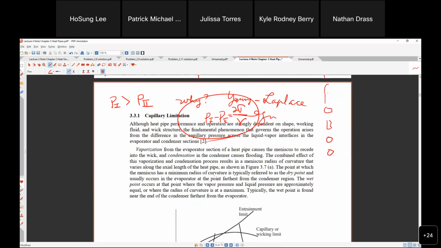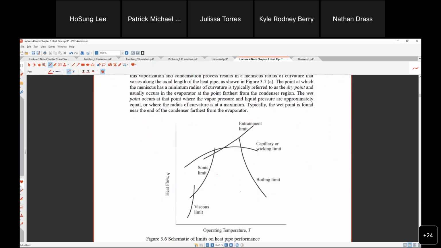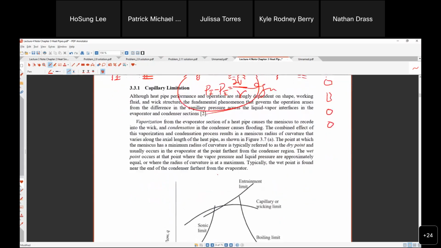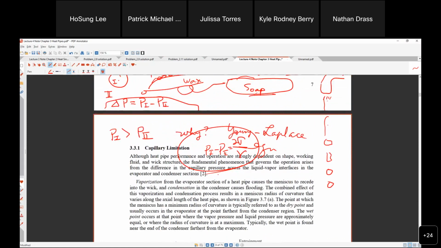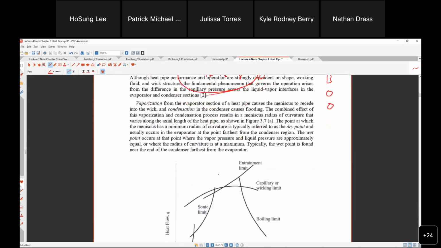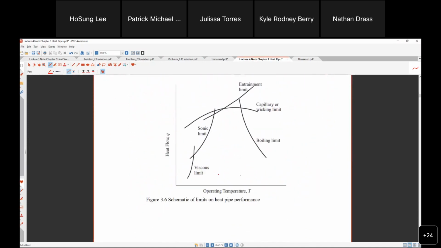So let's move a little bit more about heat pipe. There is a limitation in design. This is usually a very low temperature. So there are four limits: sonic, capillary, boiling, entrainment.